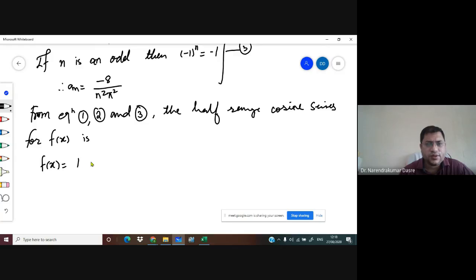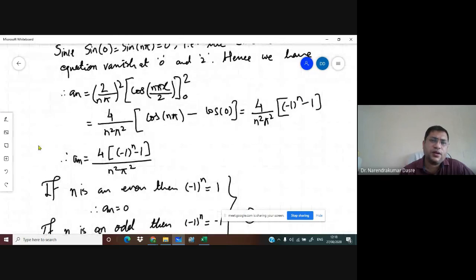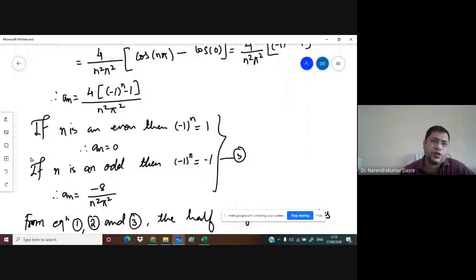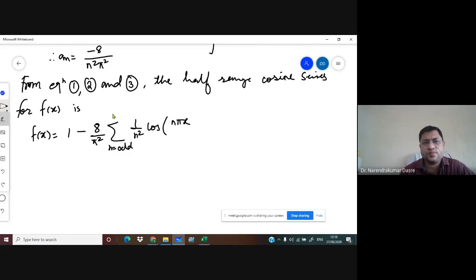equal to 1 minus 8 upon pi square summation, where this summation exists when n is odd, so 1 upon n square cos of, here we have L equal to 2, so it is going to be cos of n pi x by 2.